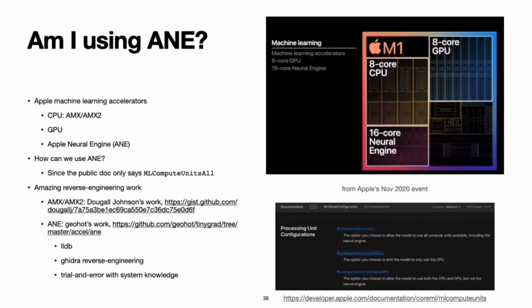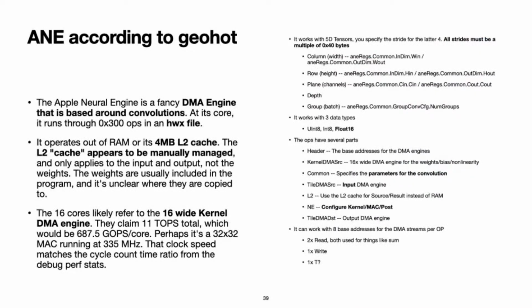You can find that he spent tens of hours hacking with broad system knowledge and open source tools. geohot worked out much useful information about the ANE. Those details may take a couple of hours to go through.